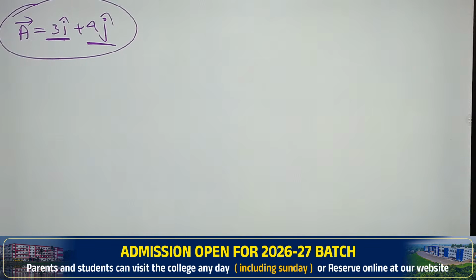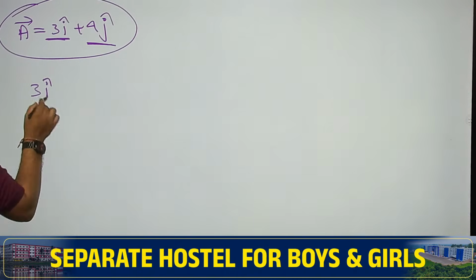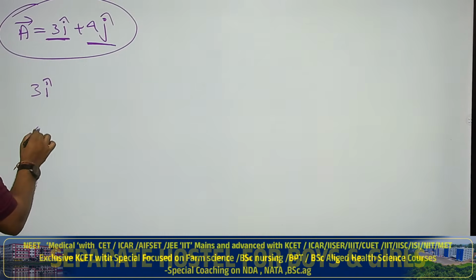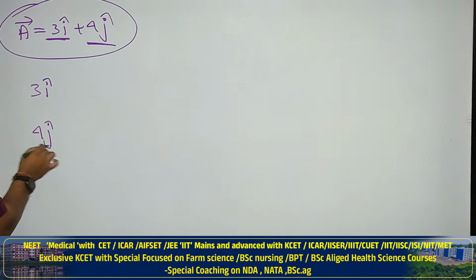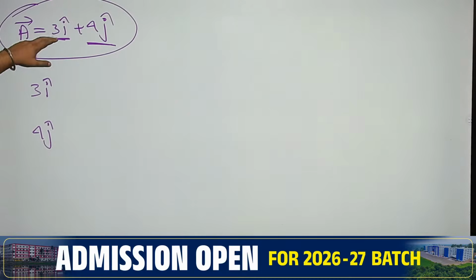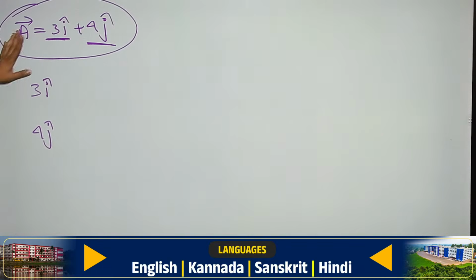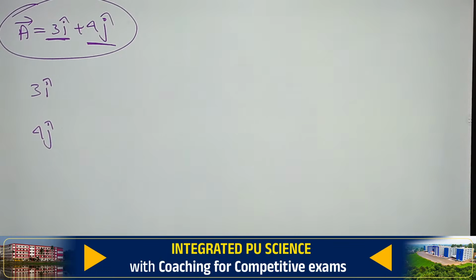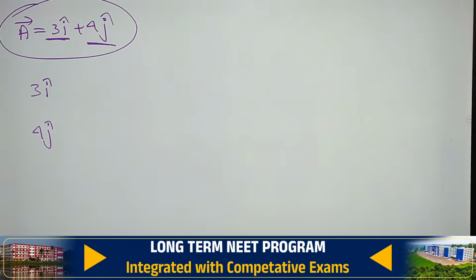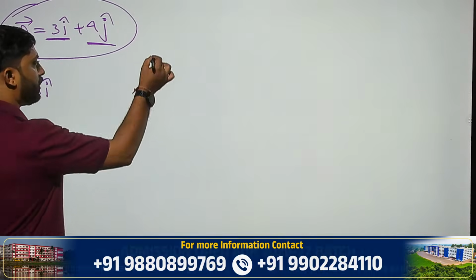In the combined way. If you have only 3i, it is in x direction, and if you have only 4j, this is in y direction. But in which direction is 3i plus 4j placed? In which direction is 3i plus 4j actually directed? Simple method: you have to draw two axes.